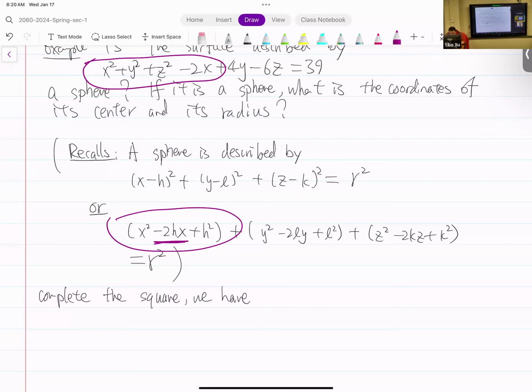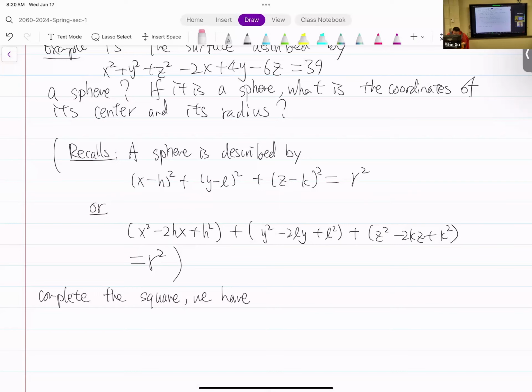So h is the x coordinate of the center of the sphere. And the way we do that is, okay, we see this is negative 2x as the linear expression. So we can identify that h must be 1. And how do we get that? So the constant in front of x is negative 2, right? And if we just compare with this expression right here, we use that negative 2 in front of x, divide by the negative 2 in front of h. We do that division, that's h, which is 1. And let's put that down.